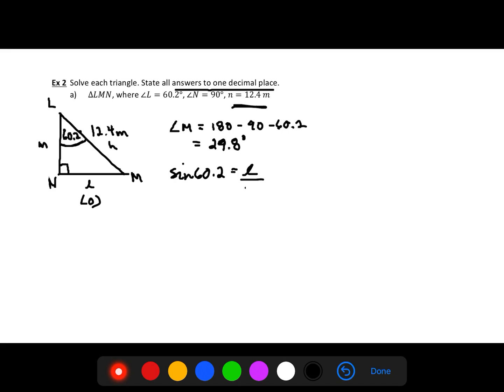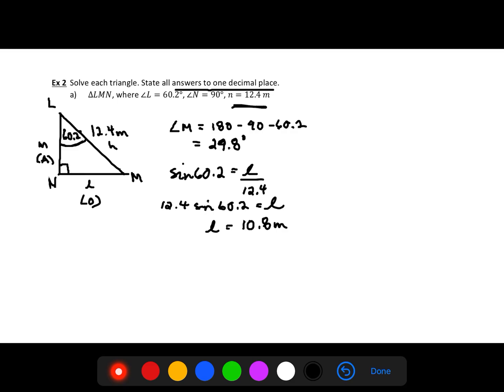So we're going to use our sine ratio. So sine of 60.2 is equal to opposite, which is L, over 12.4. We're going to take our 12.4 over to the other side to solve for L. When we do that, we find out that L is 10.8 meters.